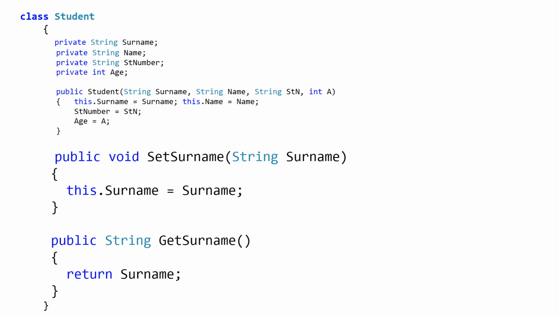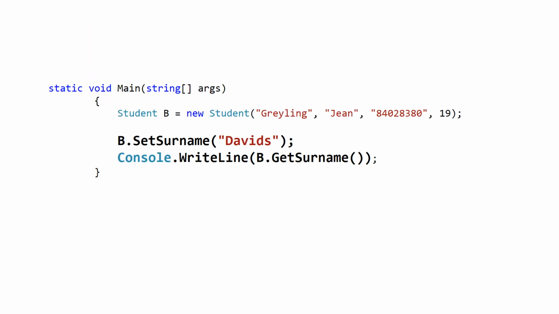So in this case it says return surname, which means it returns the attribute. So now when we are on the outside of the class, in this case inside the main method, we can say b.set surname Davids, and we can say console write line b.get surname. So set surname will change the surname to Davids, and get surname will then display the surname Davids within the write line statement.